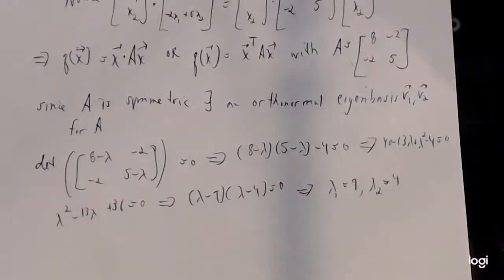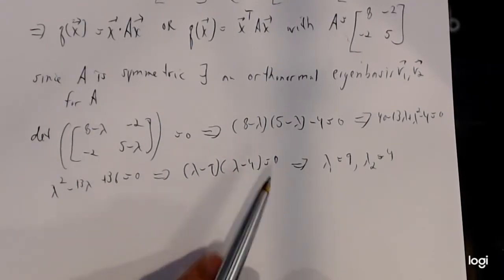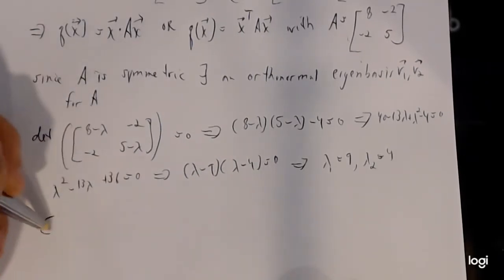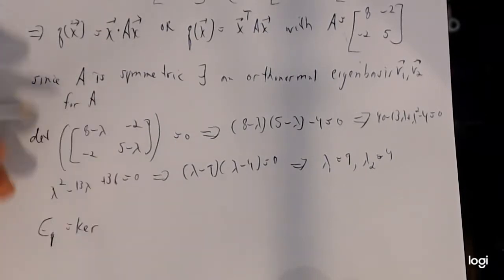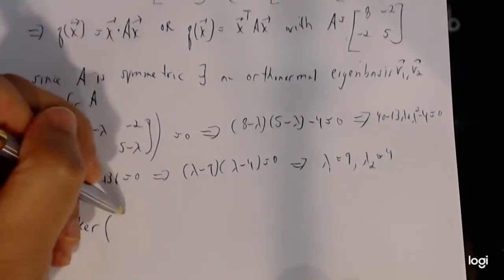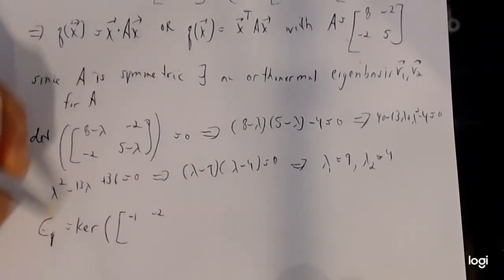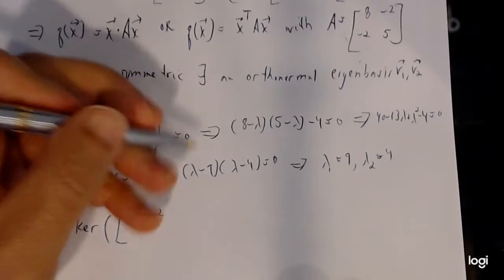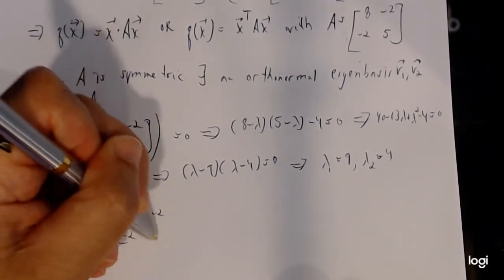Okay, so now that we found this, let's go after our eigenbasis here, or let's deal with each eigenspace. To find my eigenvectors, I will need what? This is E sub 9, which will give me negative 1, negative 2, negative 2, negative 4.